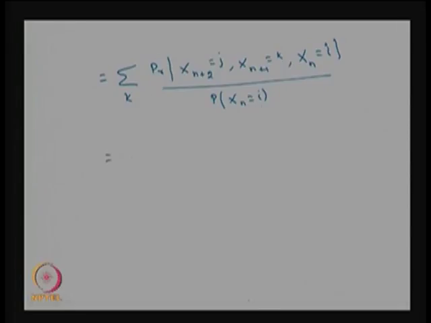The numerator is the joint distribution of these 3 random variables, which I can write in the form of conditional probabilities.